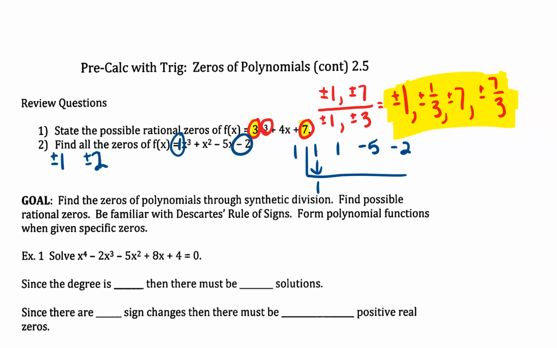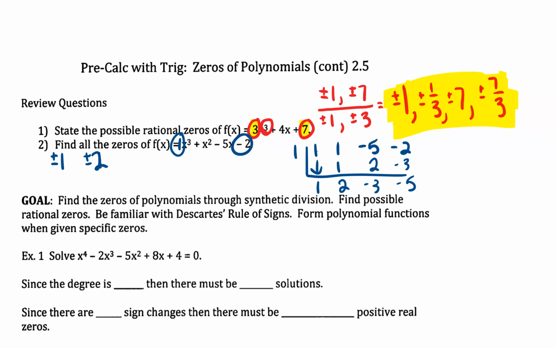Bring the 1 down, multiply and add. Multiply and add, we get -3. Multiply, we get -3. Add, we get -5. What that means is 1 is not a solution to that, 1 is not a zero of that function.